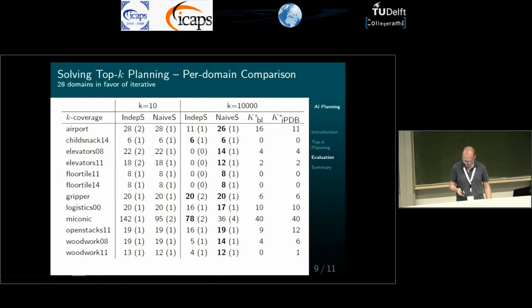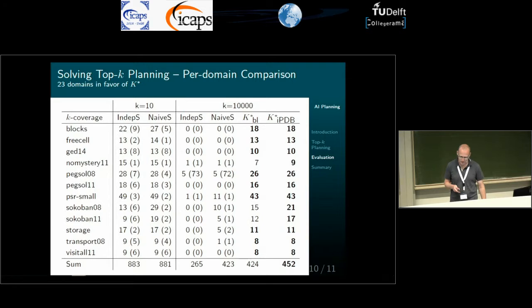So this set is in favor of the iterative approach, and obviously if you have smaller k, you can get better coverage, of course. This set of domains is in favor of the K-star approach.